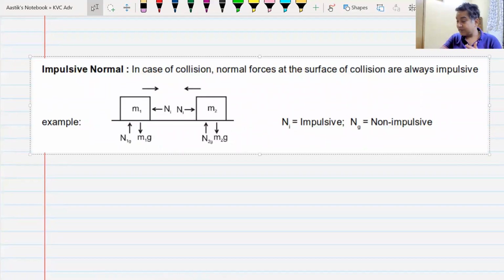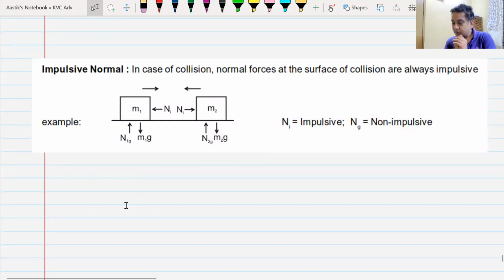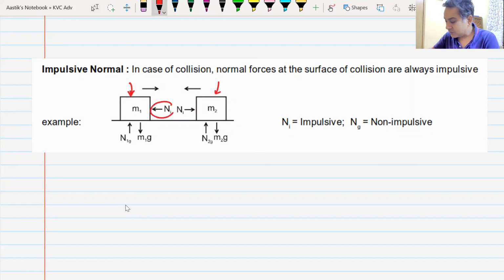Sometimes normal reaction can be impulsive. Sometimes normal reaction may not be impulsive. For example, if two bodies are colliding like this, body number one and body number two, then the normal reaction between these two bodies is actually impulsive, because of this things are going to happen.